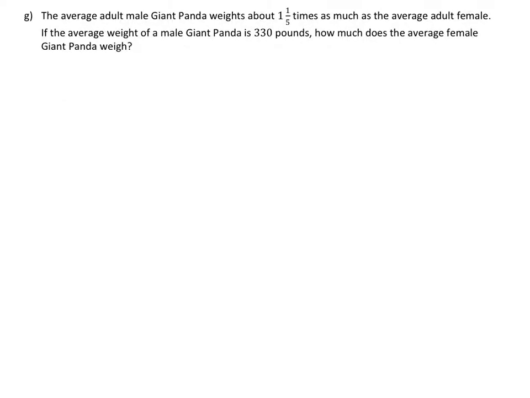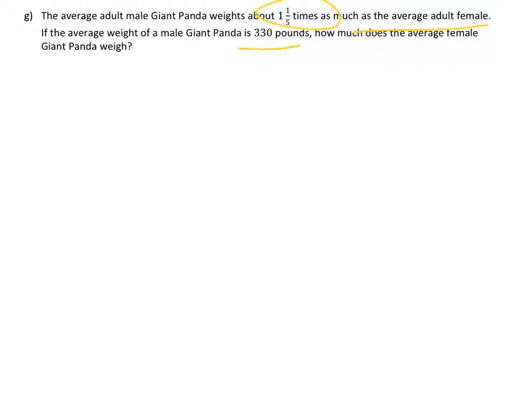Alright, letter G. The average adult male panda weighs about 1 1/5 times as much as the female. If the average weight of a male giant panda is 330 pounds, how much does the average female giant panda weigh? So I'm going to think through this.